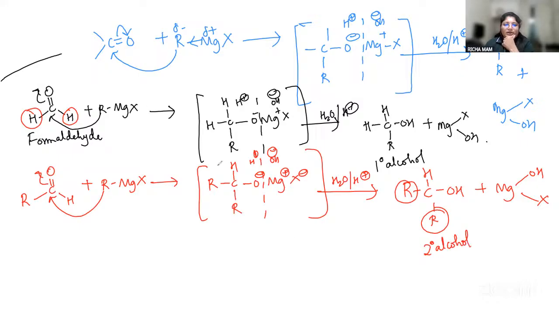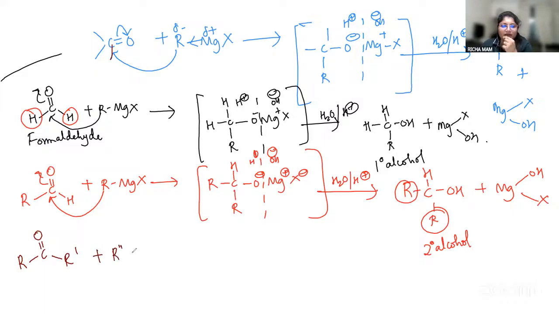Now let me take a ketone. Let us react the ketone now. Ketone means both will be alkyl groups.